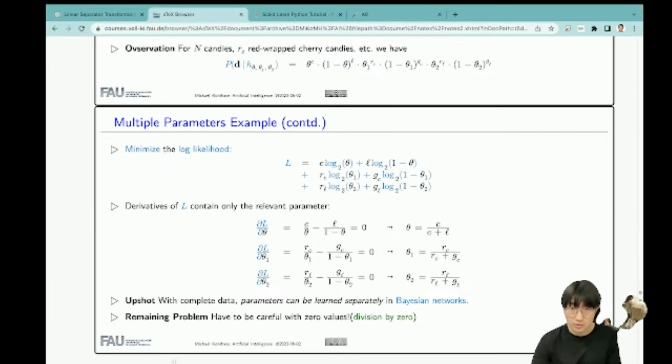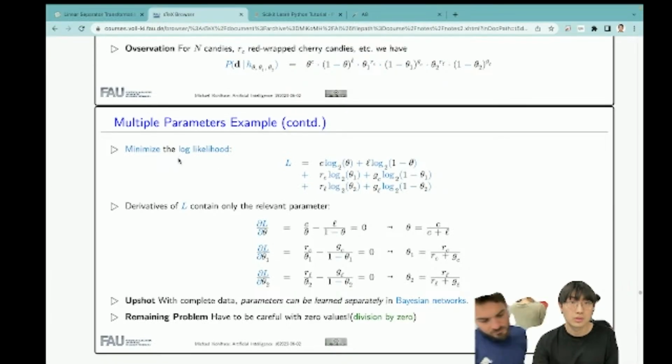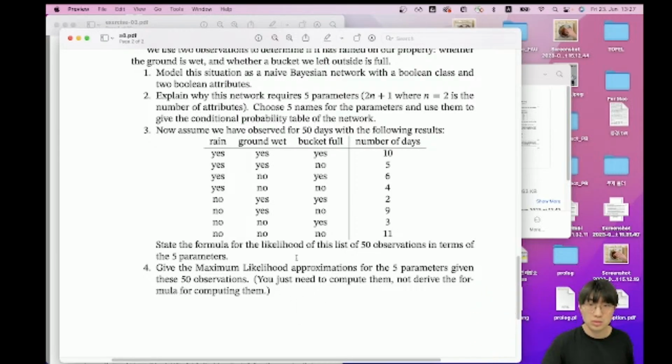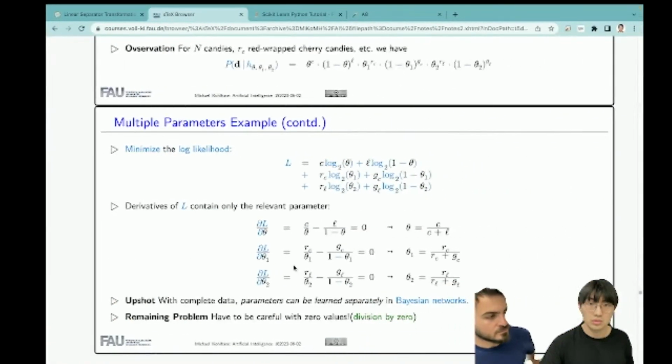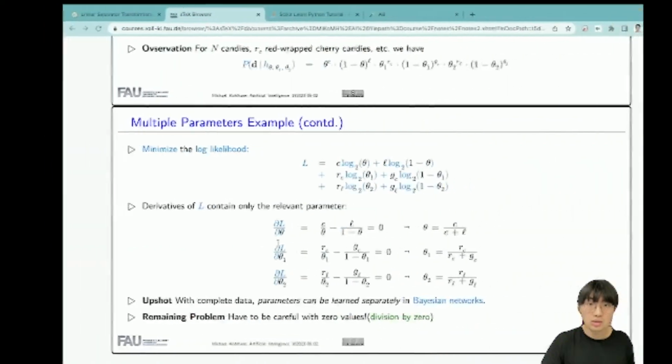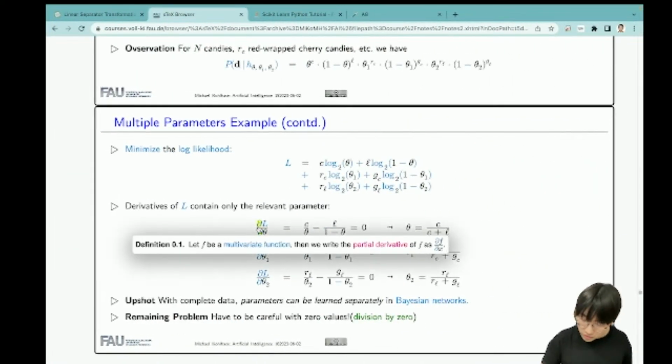So what are we going to do now? What does this 25 estimate? 25 log half plus 25 log (1 minus), so also half, 15 log P2, which is 3 over 5, and so on. And what does this estimate? What's the value of it, the maximum likelihood? We want to maximize this likelihood.